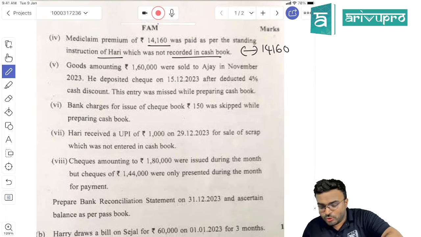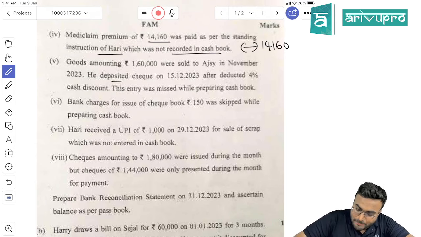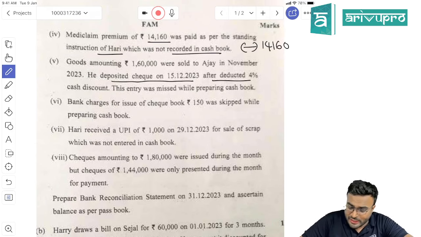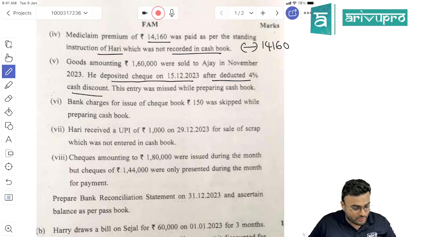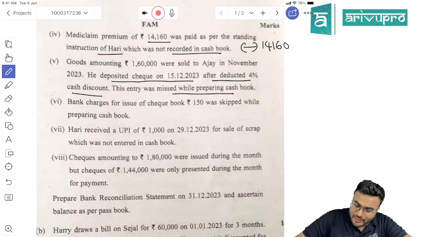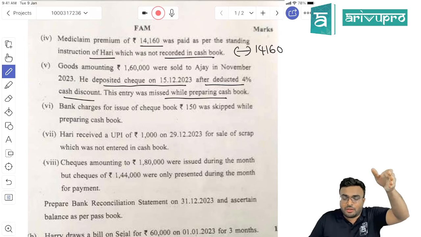Goods amounting to 1,60,000 were sold to Ajay in November. He deposited a check on 15 December 2023 after deducting 4% cash discount. They deducted 4% cash discount. This entry was missed while preparing the cash book. He deposited the check. What did we miss?